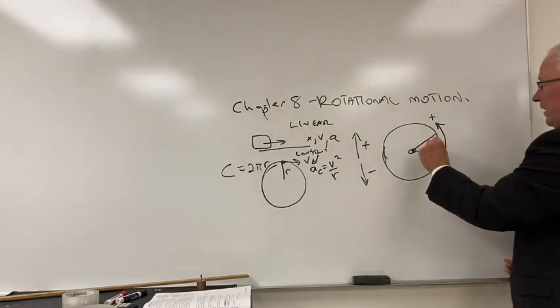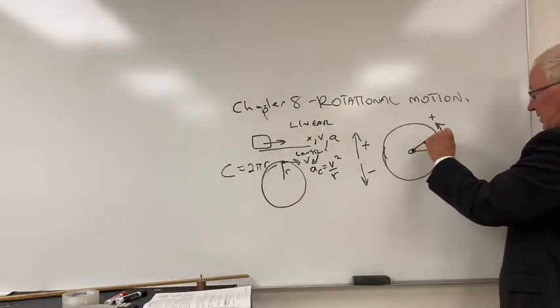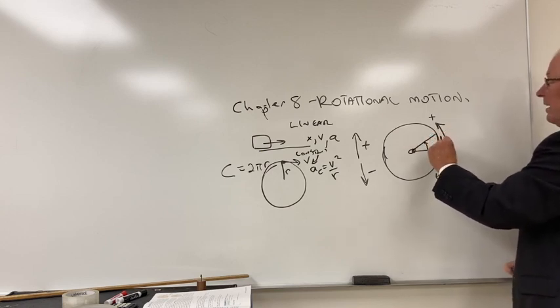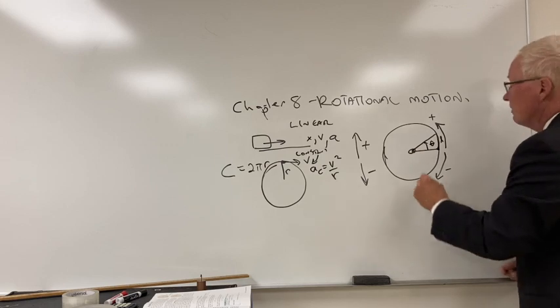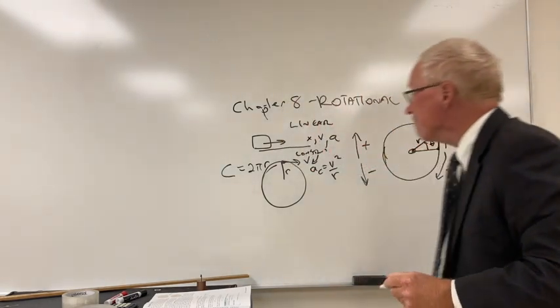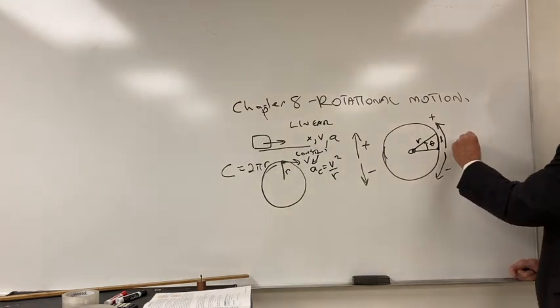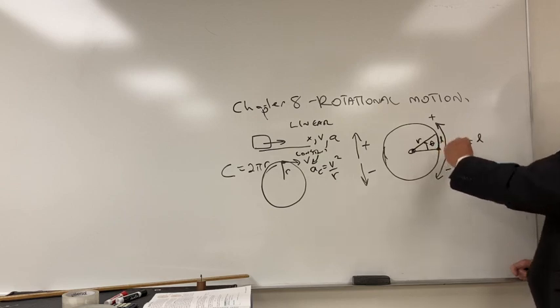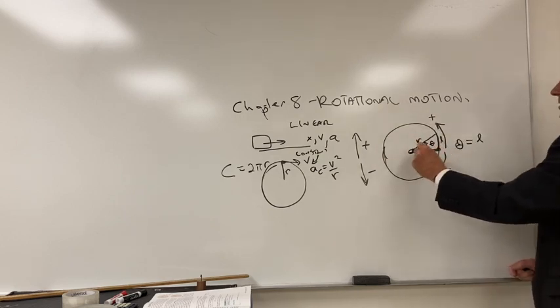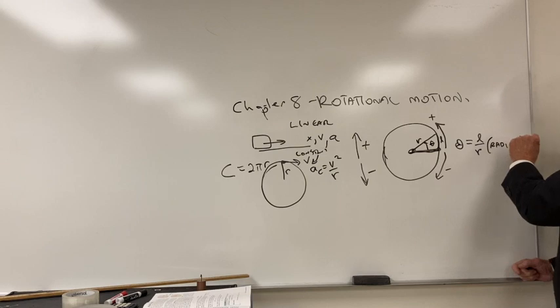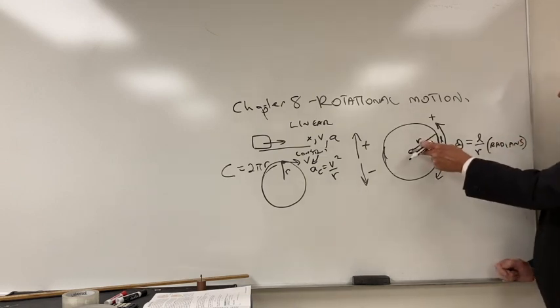If we're moving a distance L on this ring, we define an angle theta, given by how far we've moved along the distance, going counterclockwise from the x-axis, divided by r. This is in units of radians, and basically it's how many radii you're going.